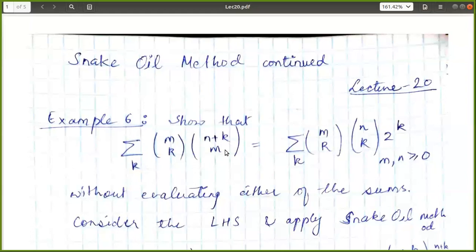For every different ratio, tk plus 1 over tk or tk plus 2 over tk plus 1, this function will keep on changing. All we know is that this is going to be a rational function. If that happens to be true for every such ratio of consecutive terms of the series, then the series is called a hypergeometric series.